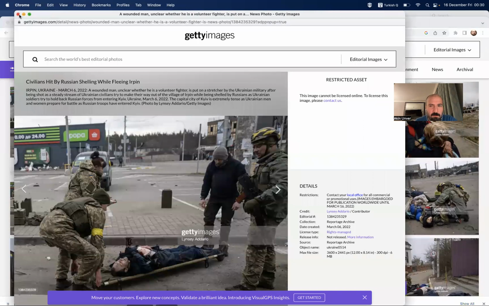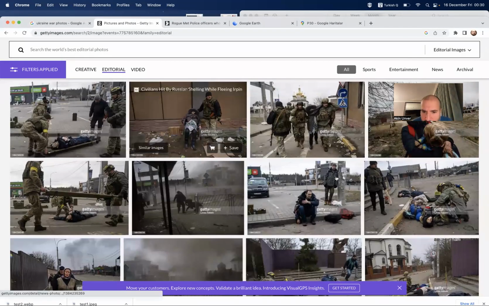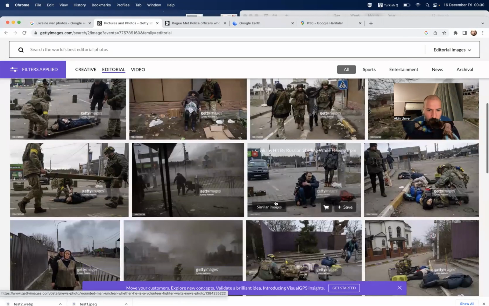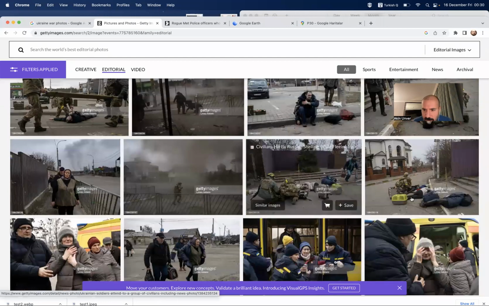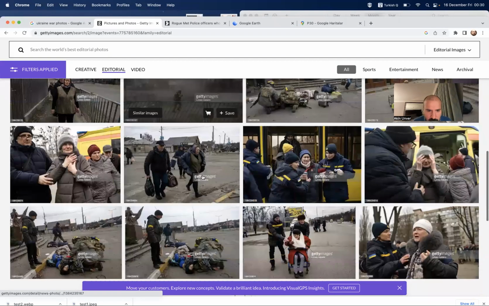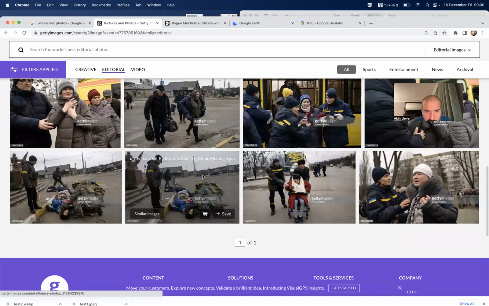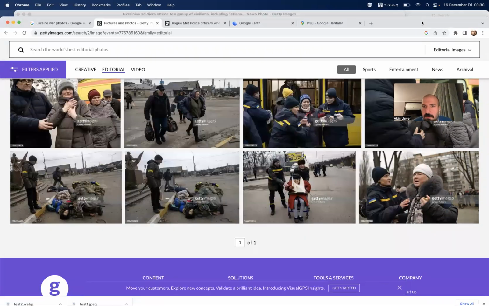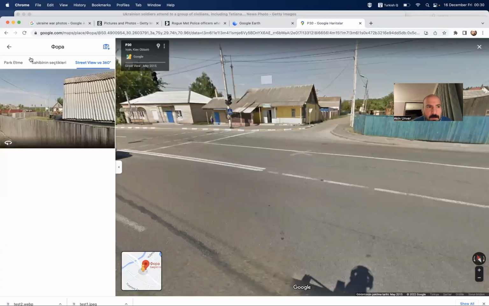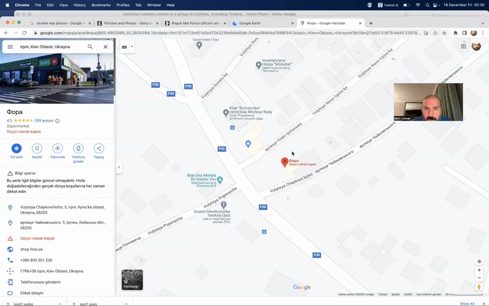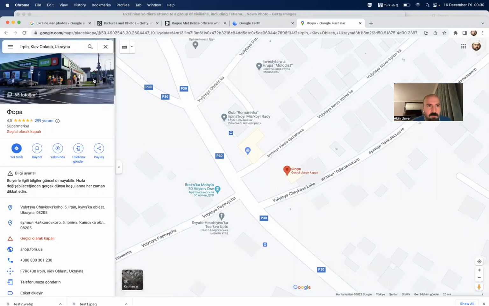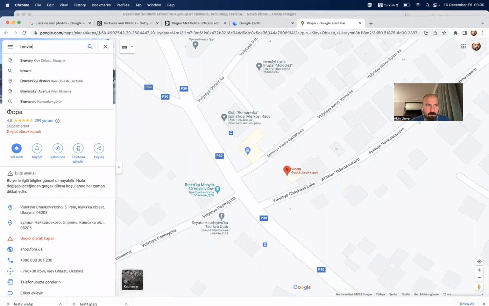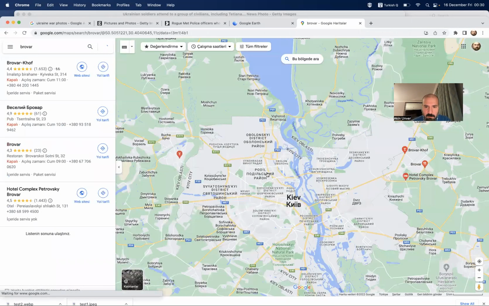So the problem is I can't really find both the church and Fora together, which is why I keep getting disoriented. So right across we have Broar. So let's say Broar here.